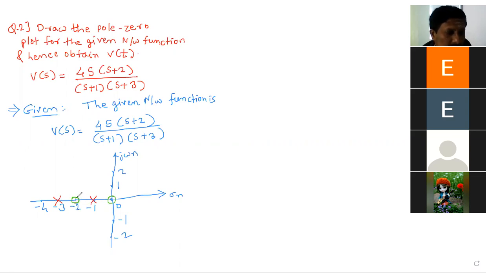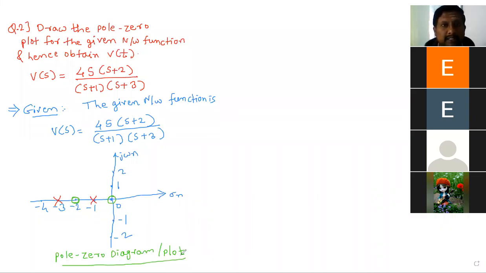You understood how to plot the poles and zeros for the given expression V of S. This is called the pole-zero plot, or pole-zero diagram.